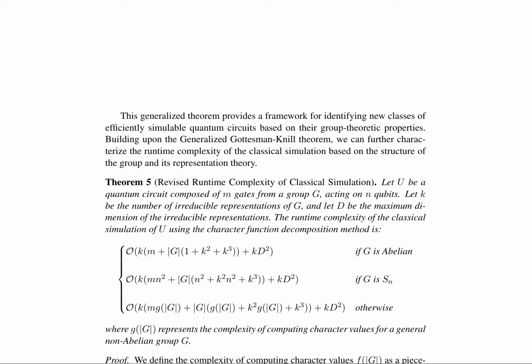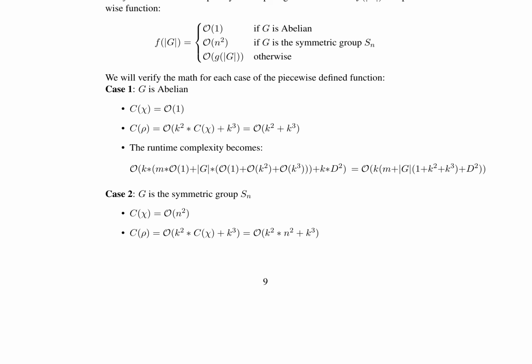Specifically, if G is abelian, the runtime complexity is O(km + g(1 + k^2 + k^3) + kd^2), where k is the number of irreducible representations of G, d is the maximum dimension of the irreducible representations, and g is the order of the group.